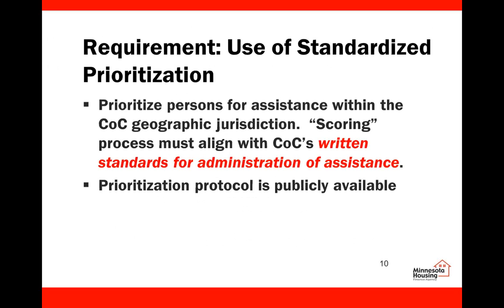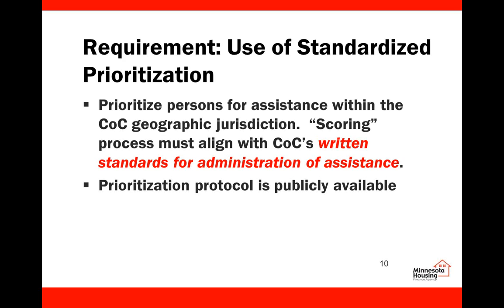Let's talk a little bit more about the use of this standardized prioritization process. The scoring process, as I've mentioned, essentially assigns a numeric value to each of the questions that a client answers affirmatively. The written standards for administering assistance need to very clearly document how that score is calculated, and how a score then aligns with a referral to a particular housing strategy.